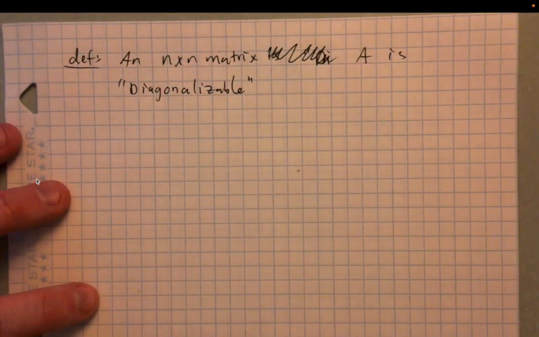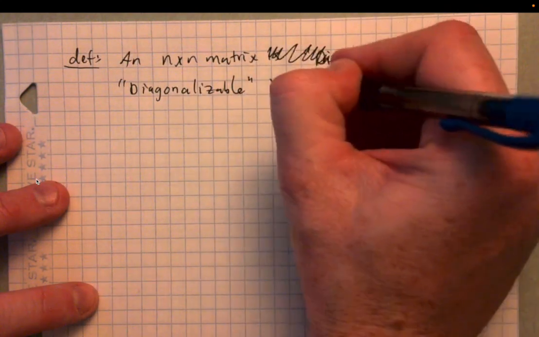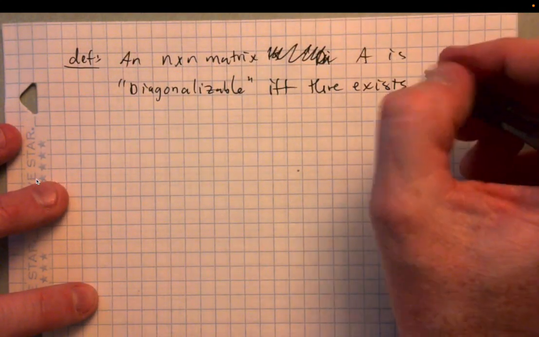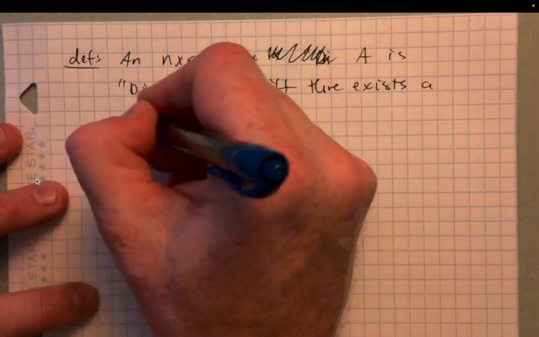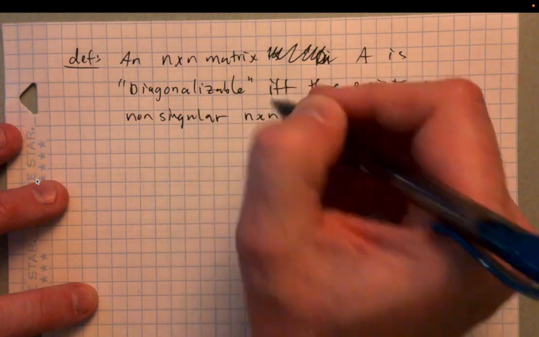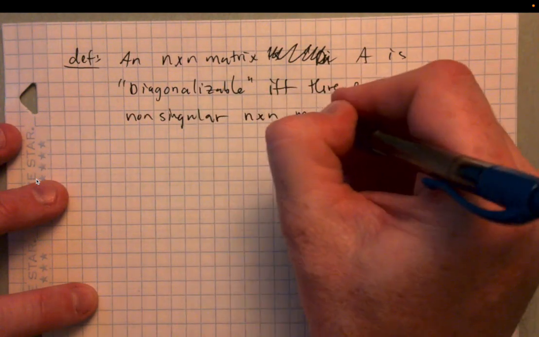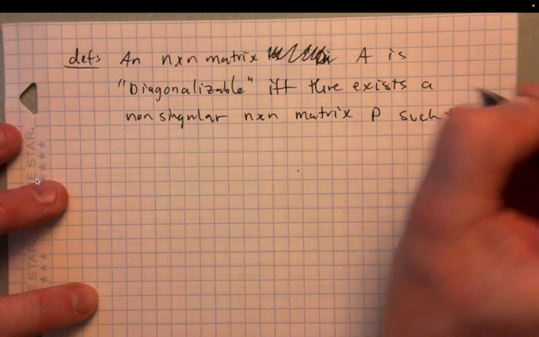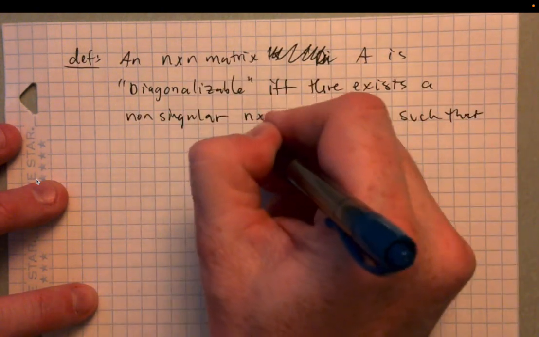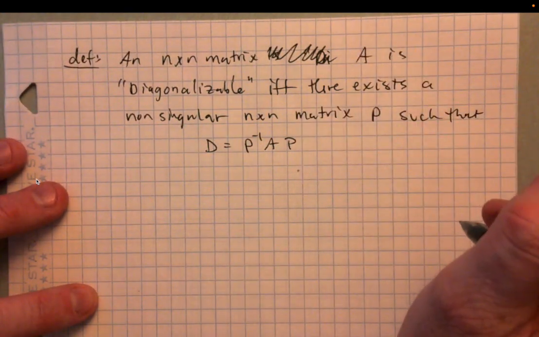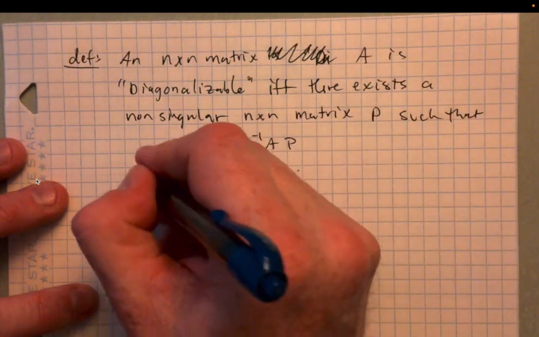Diagonalizable if and only if there exists a non-singular n by n matrix P such that D equals P inverse AP is diagonal.